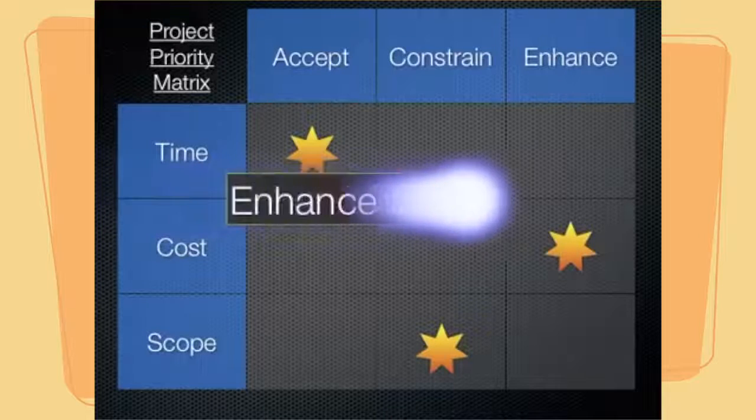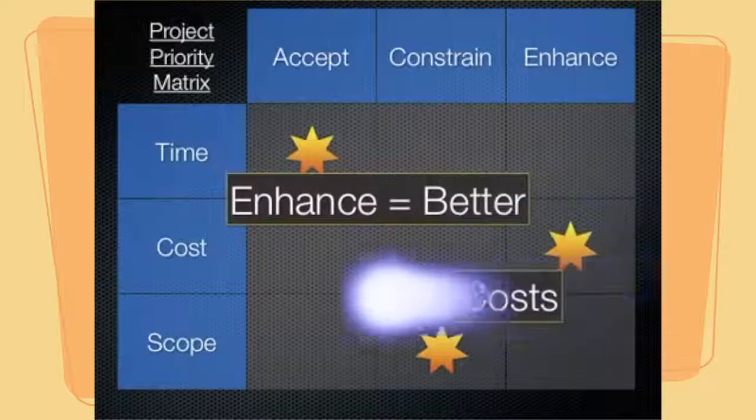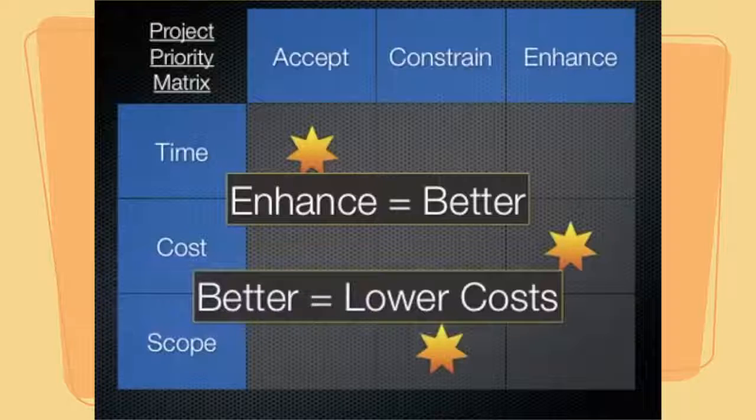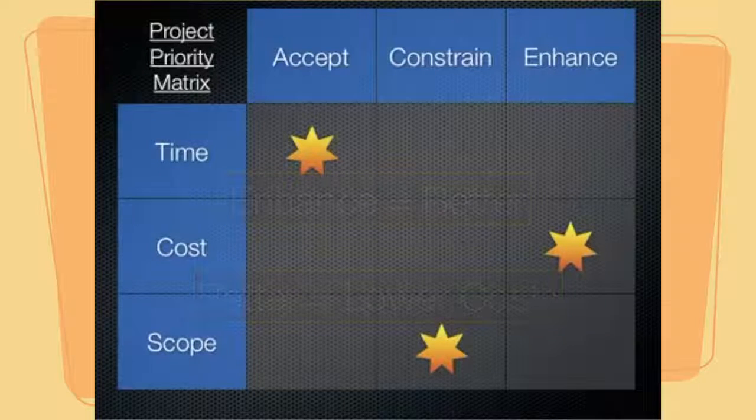So just once again, think about that as better. So in this case, we want lower costs. So in this example, we are going to constrain the scope of our project. We'd like to reduce the costs if possible, and we are certainly willing to accept some delays in our project completion date if it will, in fact, decrease the cost of the project.